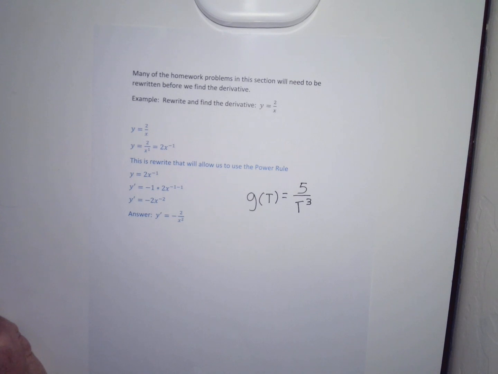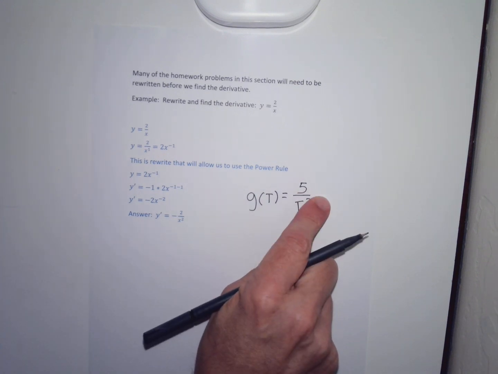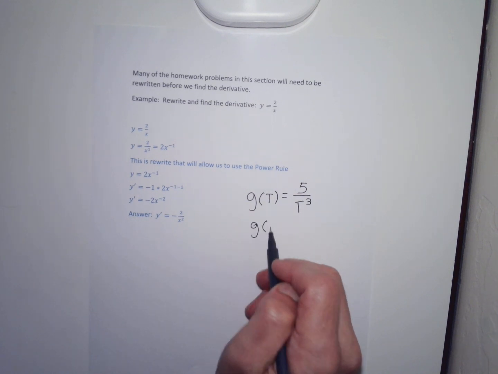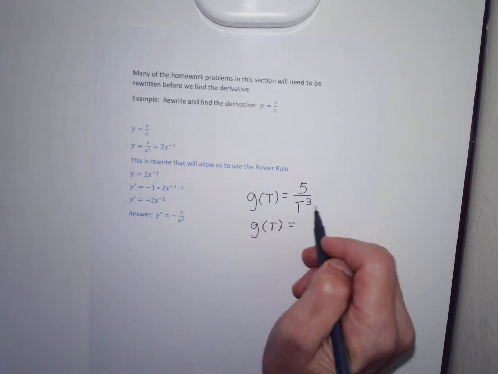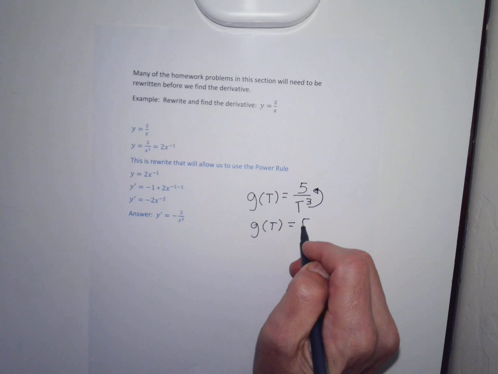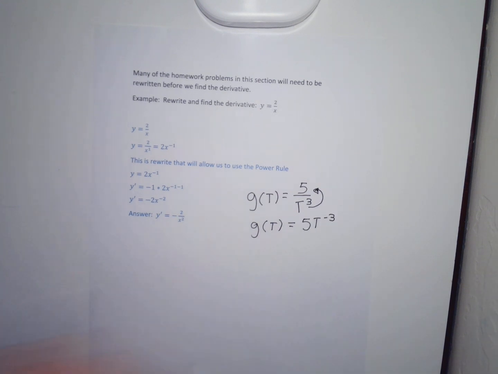The power rule needs everything to be written as a coefficient times a variable to some power. I need to have the ability to rewrite the problem to use this power rule. And the way that I'm going to rewrite this is I'm going to take the fraction and make it a non-fraction by making the exponent negative. So 5 over t cubed is the same as 5t to the negative 3.